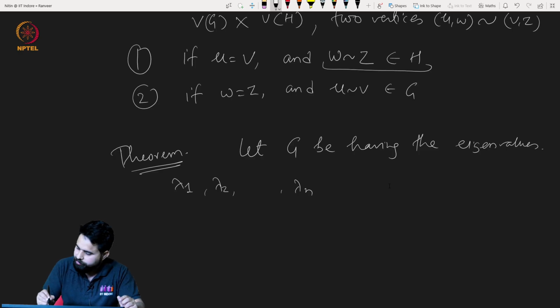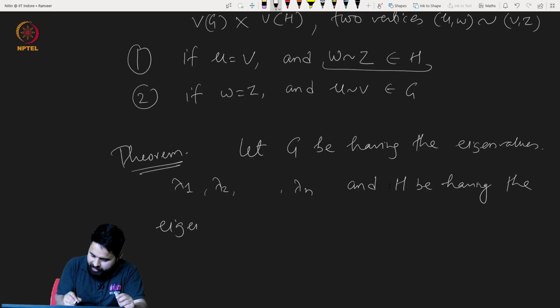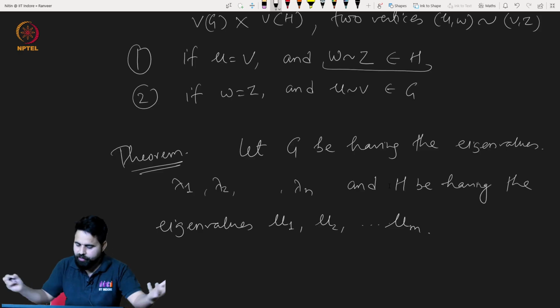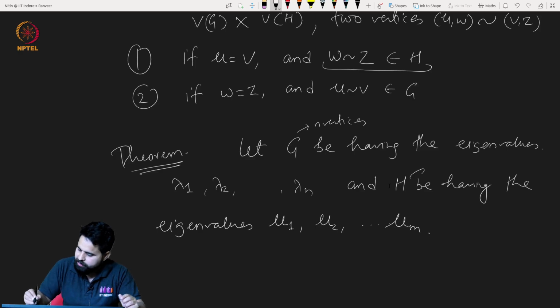And let H have the eigenvalues mu 1, mu 2, up to mu m, so there are m vertices.